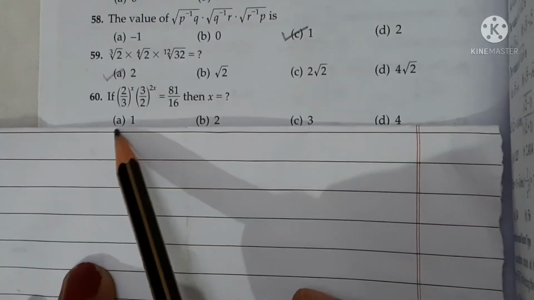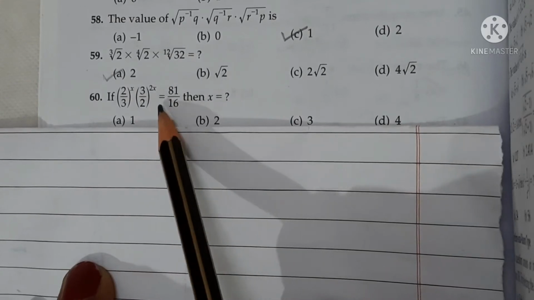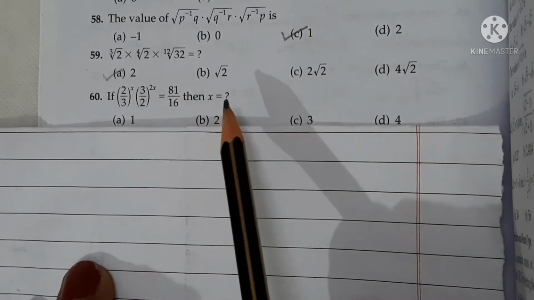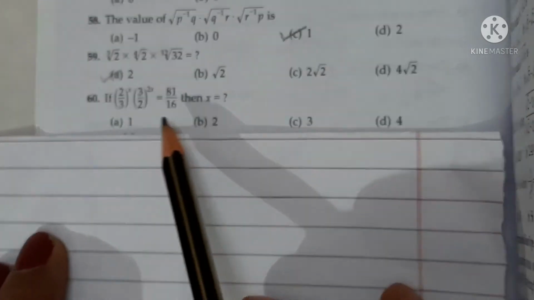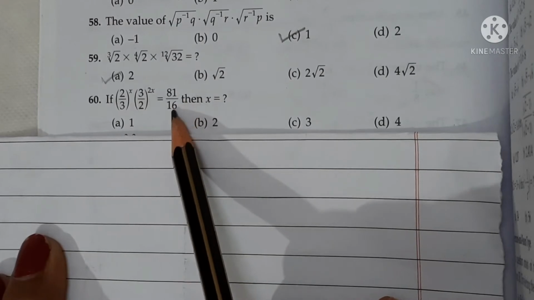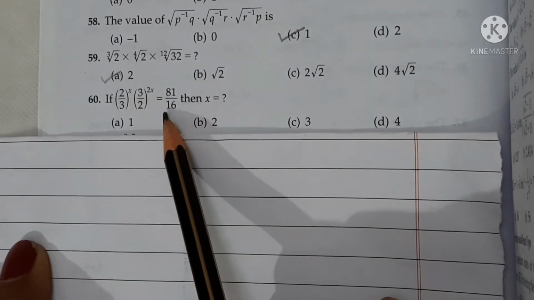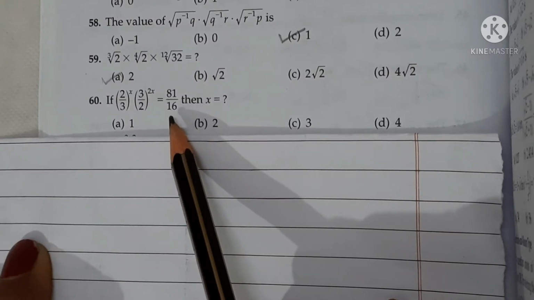Next, question number 60. 2 upon 3 to the power of x, 3 upon 2 to the power of 2x is equal to 81 upon 16. Then x is equal to. So what to do? Here this is 81 upon 16. 16 comes in the power of 2.